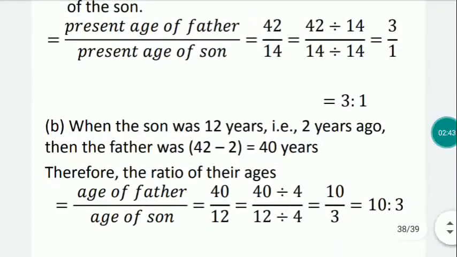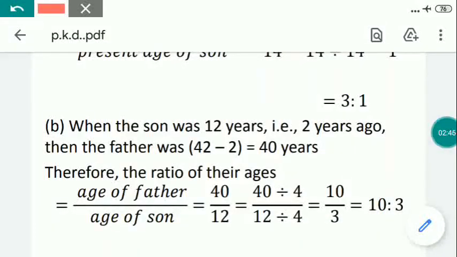Now B. When the son was 12 years, that is 2 years ago, father was 42 minus 2, because father was also 2 years less back then. So 42 minus 2 is 40 years. Therefore the ratio of age of father to age of son is 40 upon 12. Dividing numerator and denominator by 4, you get 10 by 3.